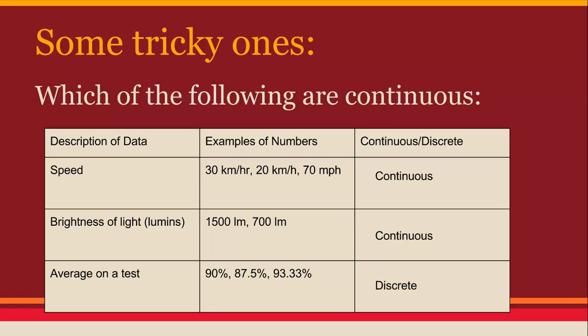An average on a test is actually discrete. Average on a test, so the mark you've got out of the total, is actually two things that are obtained by counting. And even though it's a decimal answer, like 93.33%, it's actually a discrete random variable because both of those numbers are discrete, the numerator and the denominator.